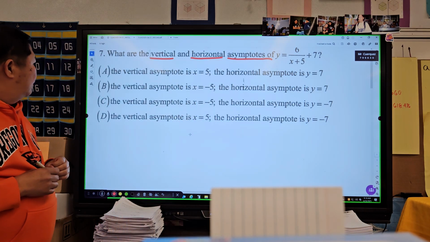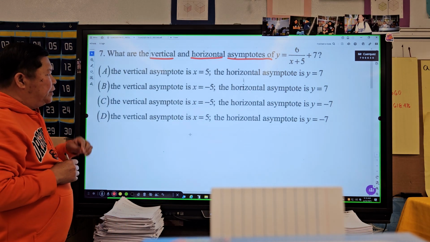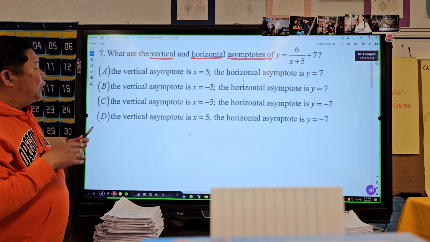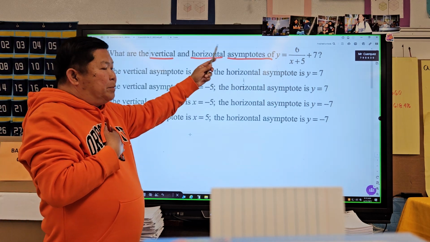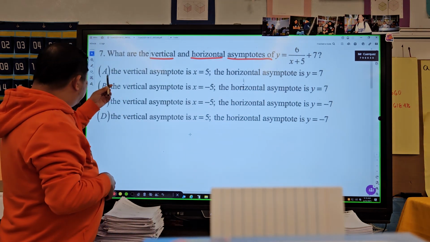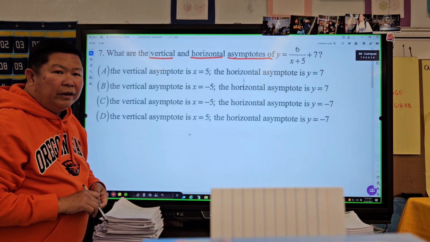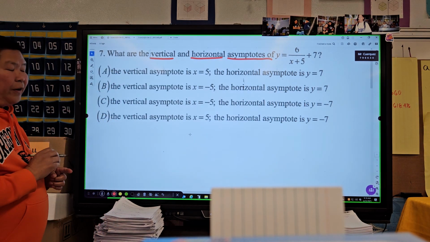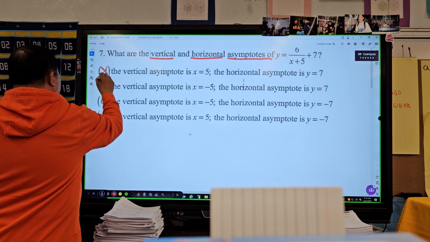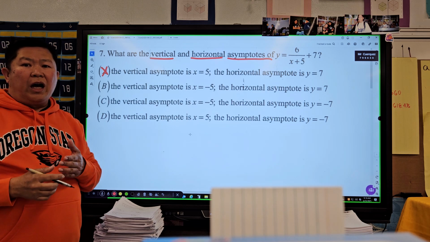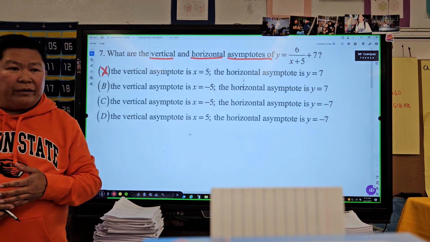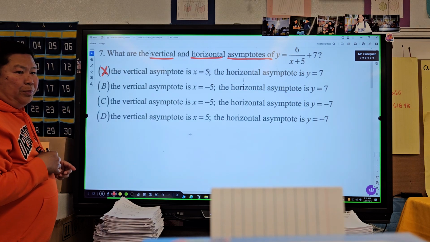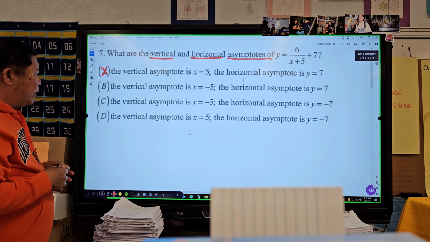So, test-taking strategy. Again, test-taking strategy. We all know that x must be -5. Is A a candidate? What is x right here in A? 5. So A is not a candidate because we're gonna have the value of x as -5, right? So possible candidates, B and C, test-taking strategy.